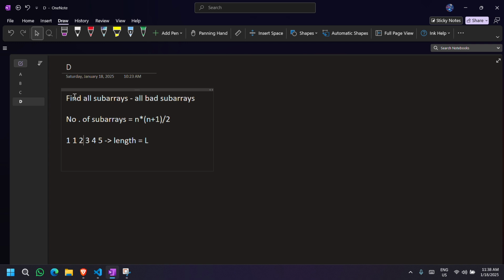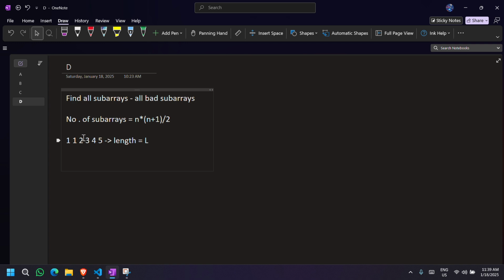Consider the first half part and the second half part. You can see that the last element of the first part and the first element of the right part are not equal. As all the elements are up to 10 only, how many possible combinations should there be?